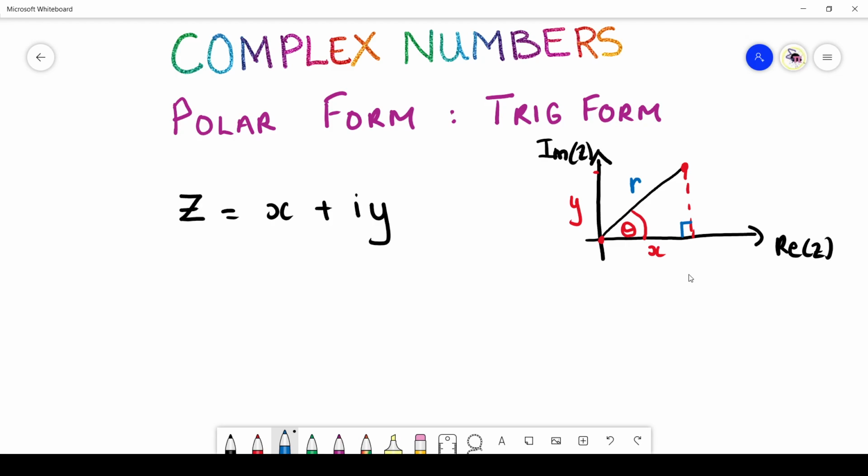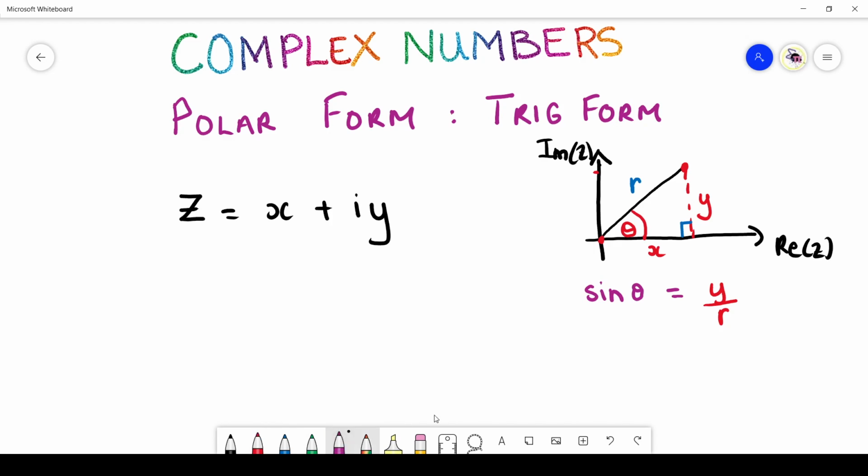So looking at this triangle here, if we were to find sine theta, remembering sine theta is opposite over hypotenuse, and I put my y in on this side instead, then sine theta would give us y on r.